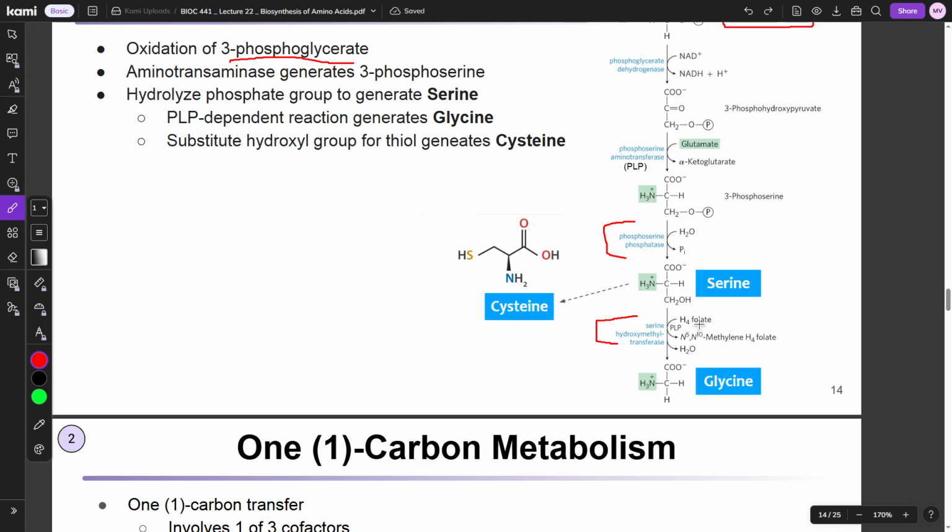You use tetrahydrofolate, you use PLP, you get this N5,N10-methylene tetrahydrofolate, and you end up releasing water. So basically the OH group, if I was to draw it like this, just imagine this is serine over here, not cysteine, this group leaves as a water molecule, and then this carbon is attached to tetrahydrofolate. And so that's how you get glycine.